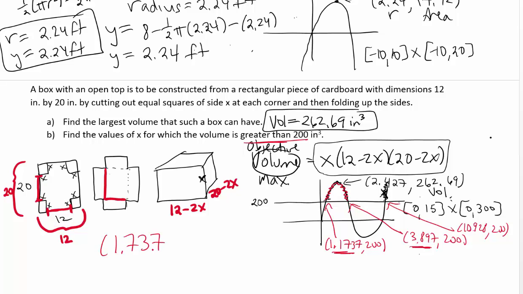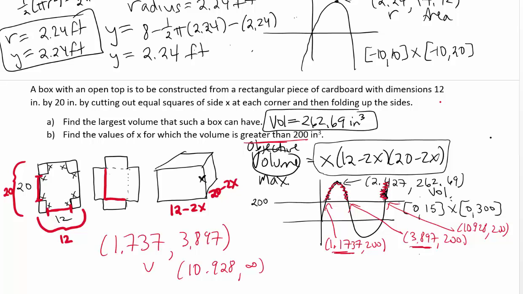So we could say 1.1737 up to 3.897. All of those x's would give me a volume greater than 200. And then it also looks like I'm greater than 200 over here, and so that would be from 10.928 on to infinity, because the graph doesn't come back down again.